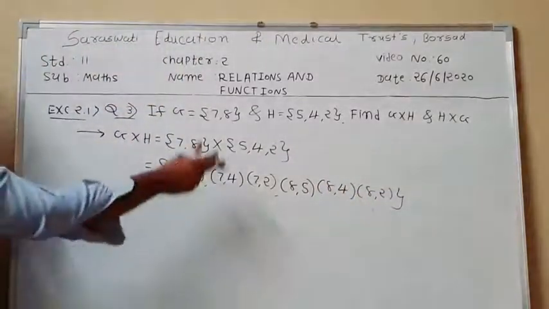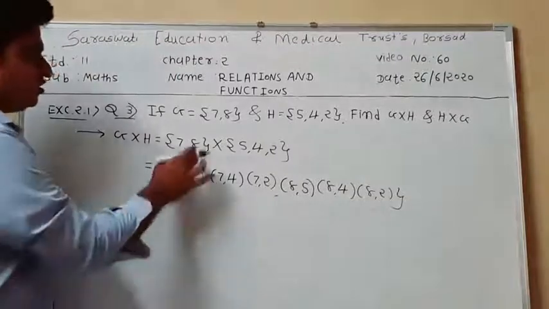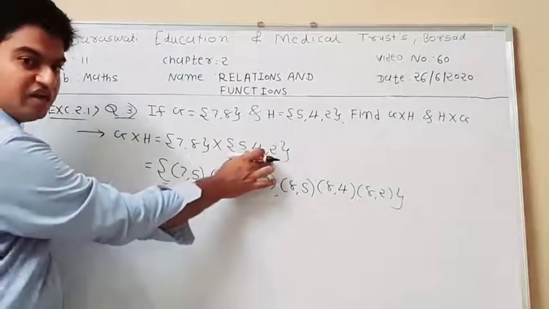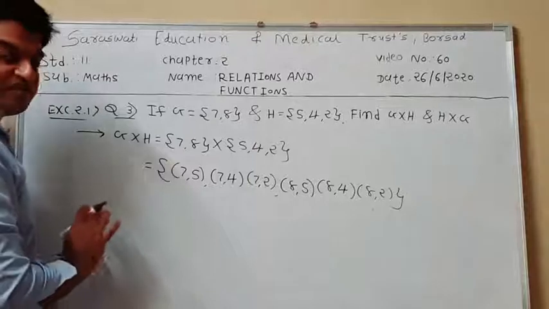So here we get 6 ordered pairs. Here 2 elements are present and 3 elements are present, so we get 6 ordered pairs.